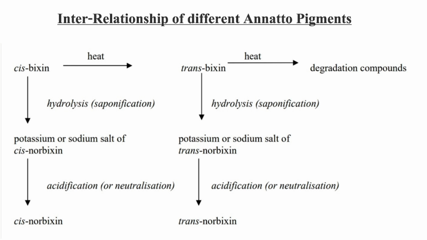Now, the acidification or neutralization of the potassium or sodium salts of cis-norbixin results in cis-norbixin, and the K or Na salts of trans-norbixin on acidification or neutralization result in trans-norbixin, which are the minor constituents of the annatto pigment.